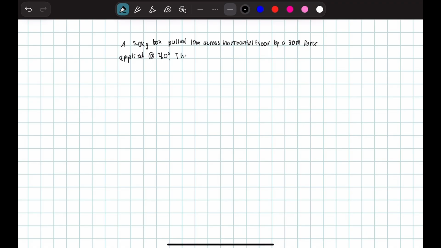And let's say the coefficient of friction is 0.25. So let's draw this out really quickly.